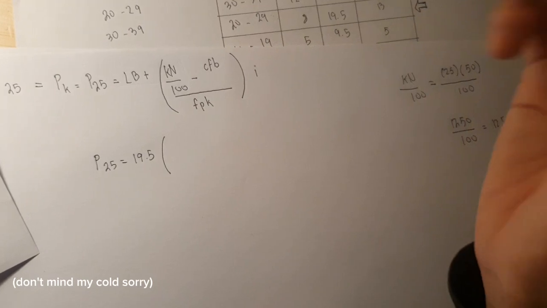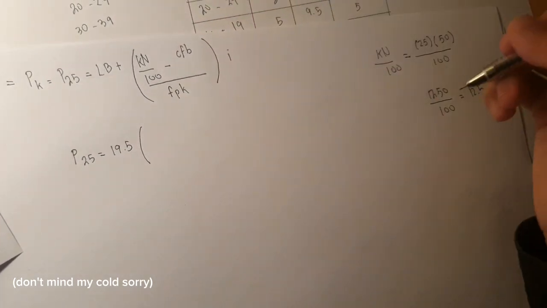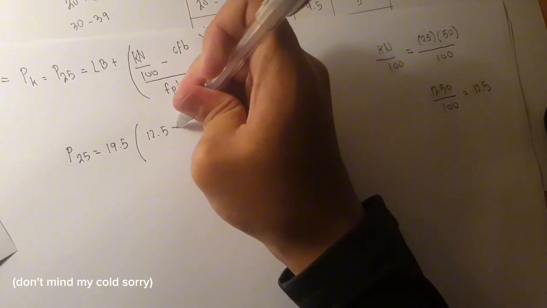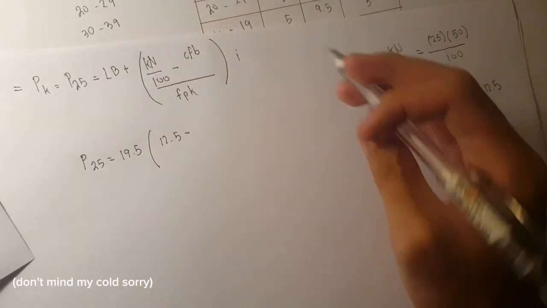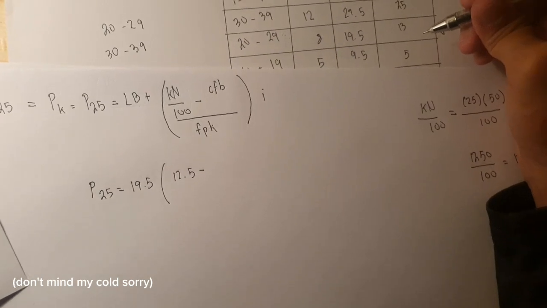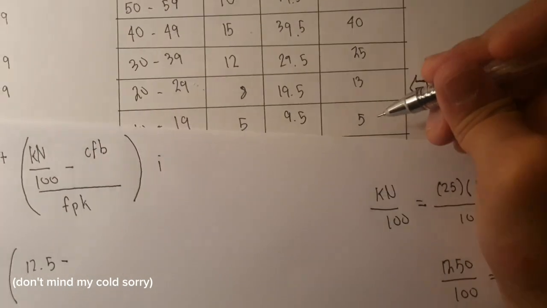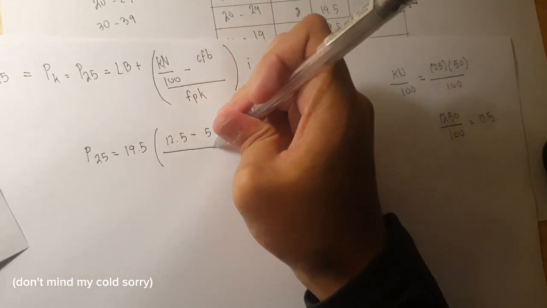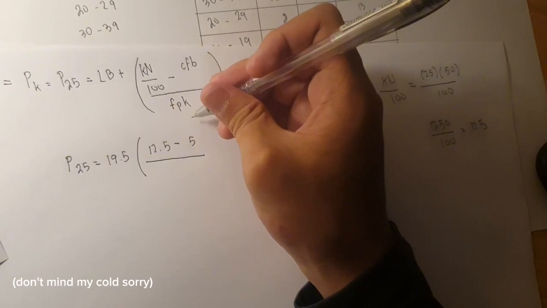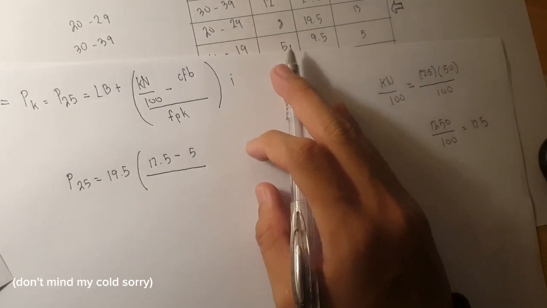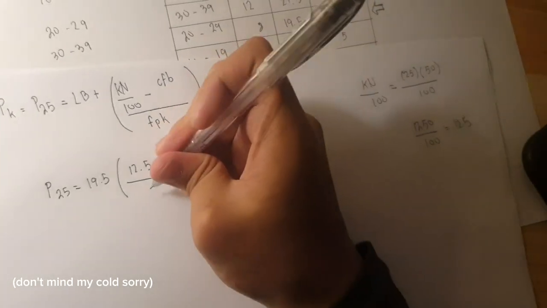19.5 plus, in parentheses, the Kn which we solved for earlier, 12.5, minus the cumulative frequency of the class before, which is 5, over the FPK, the frequency of the PK class, which is 8.